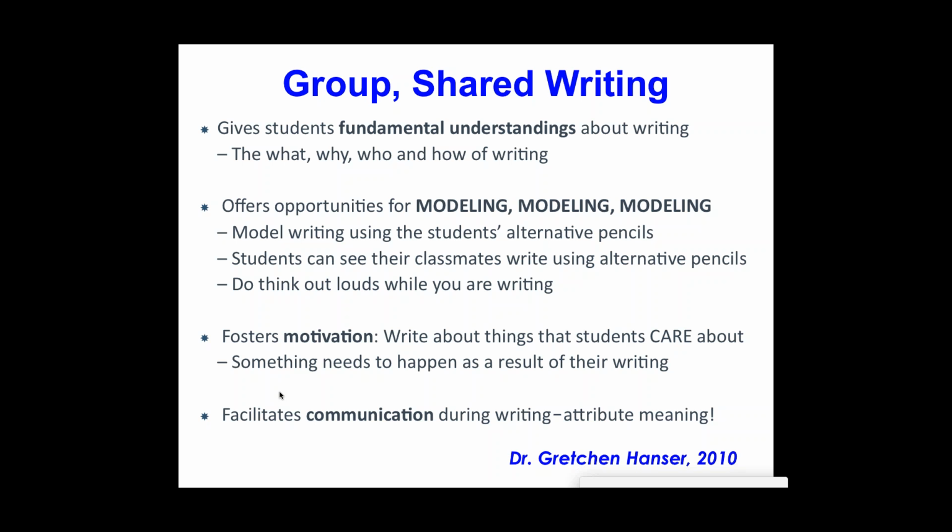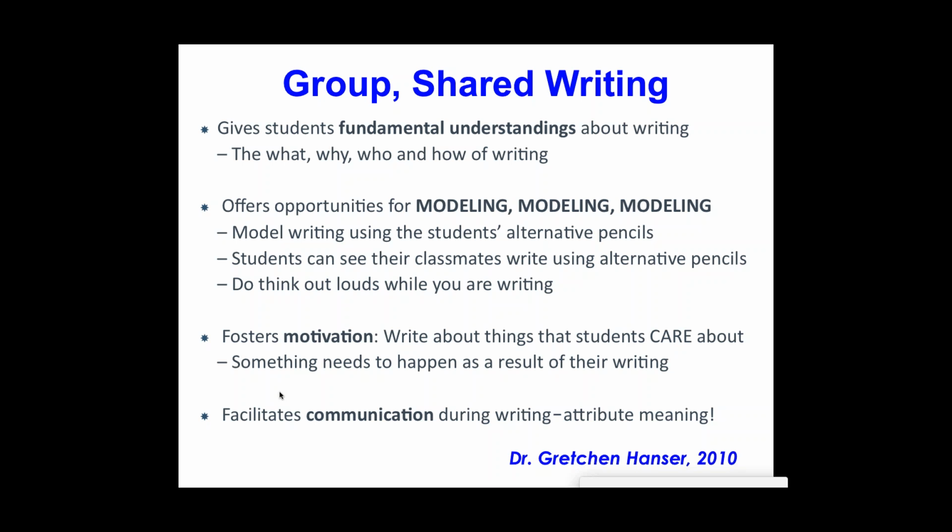So we're going to write using whatever our students are writing. So if your child is using a light text system, if your child is using, for example, a PODD, you're going to be modeling use of a PODD, and you might also be modeling use of the alphabet either on their PODD or on some other type of alternative pencil. You're going to do a lot of think alouds.